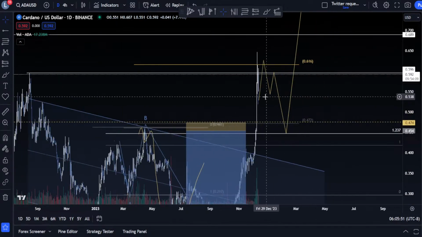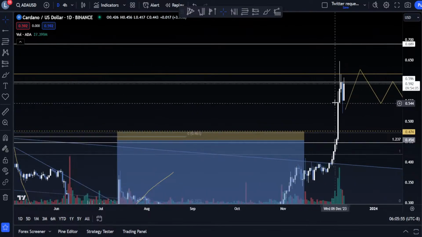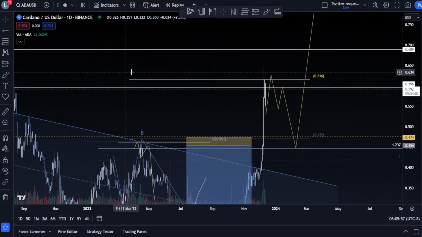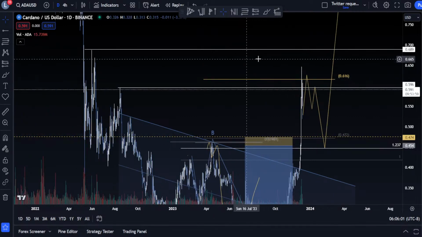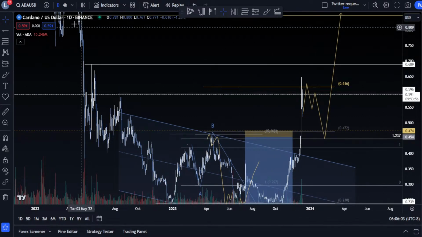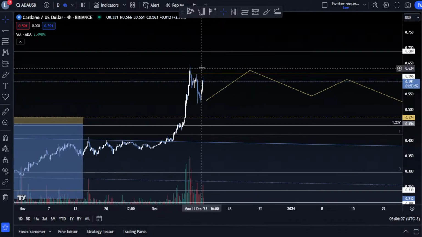But anyways, last week when we were down here, before we took these highs, I was looking for these highs to be run on Cardano, but I'm not sure.